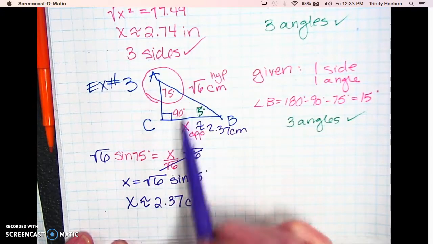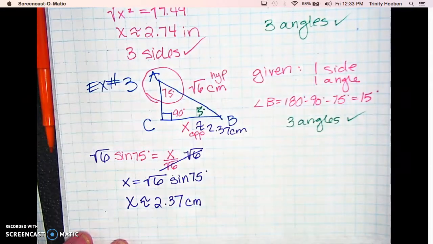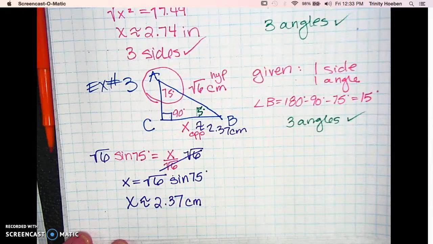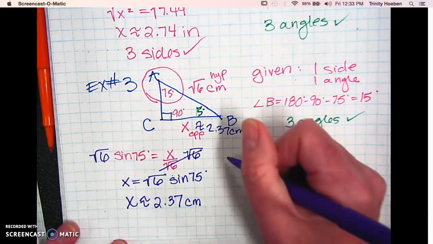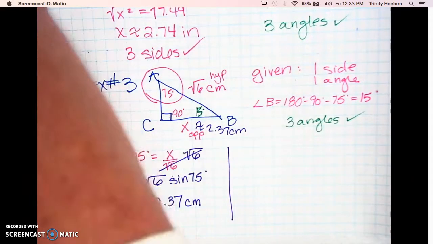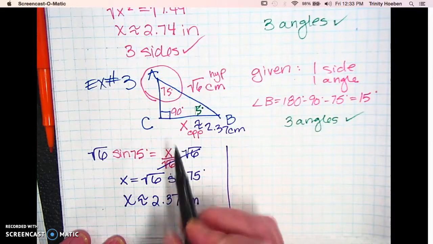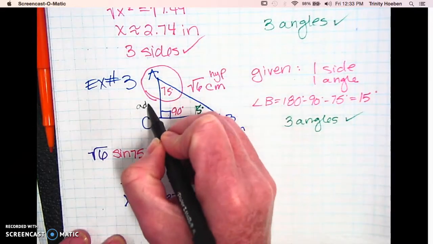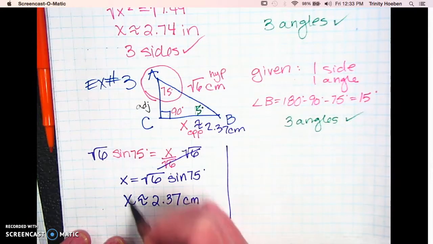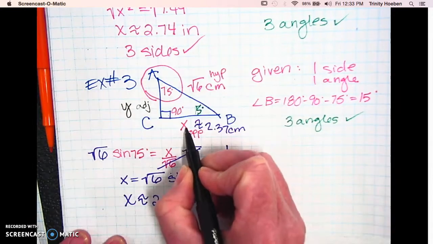We know 2 of the 3 sides, so at this point we could use the Pythagorean Theorem to get that third side. But I thought it was pretty easy typing in that calculator, right? So let's use trig again. So this time I'm going to use angle A again, but this time I want the adjacent side. And I'm going to call it y because I called this one x.